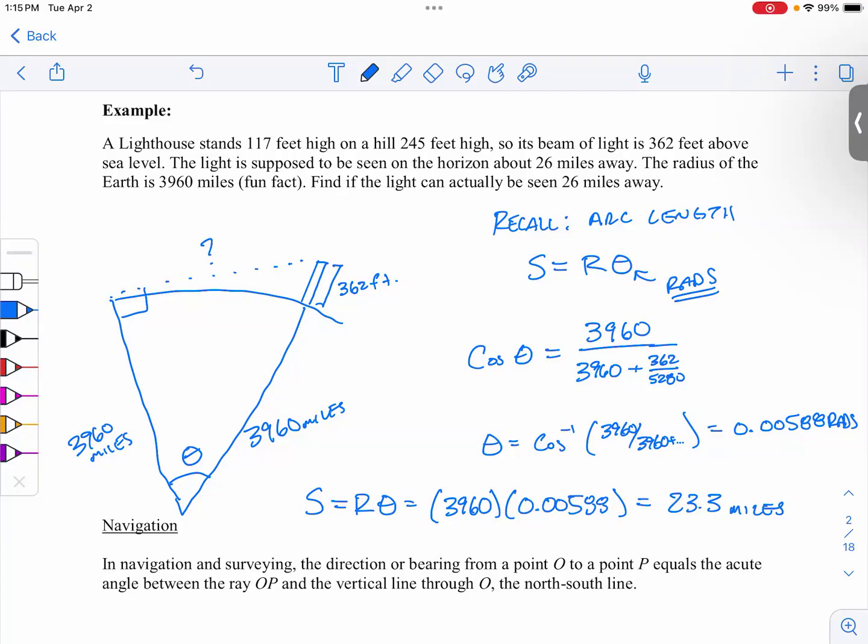Those are all coming back. Okay, so basically we identified the arc length. Is this distance? So can the light be seen 26 miles away? Nope. Is it close? Yeah. They probably didn't measure, they're like, it's about 26 miles. But that is the concept of how we do that.